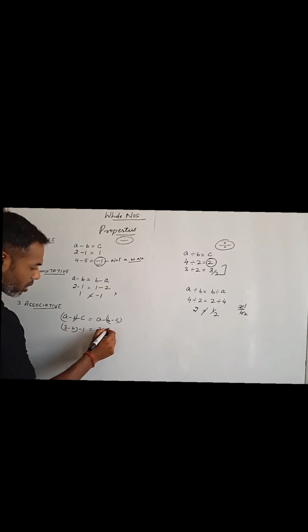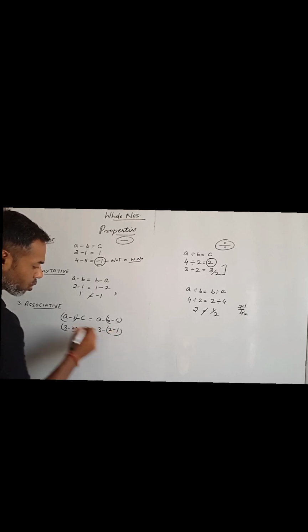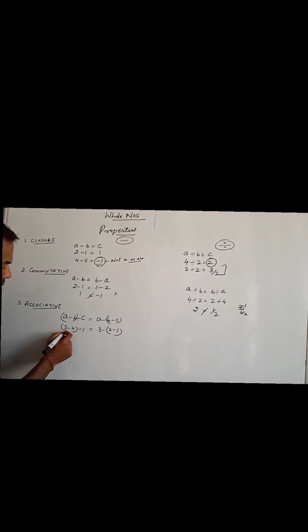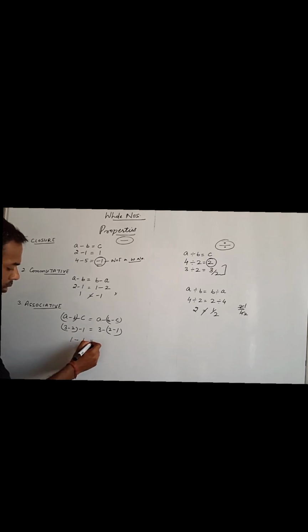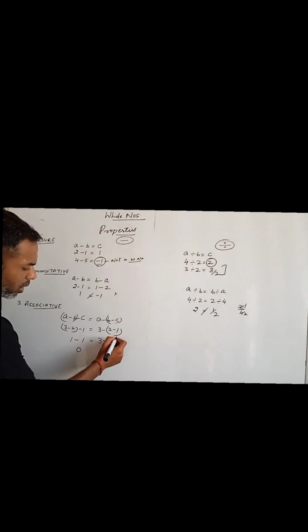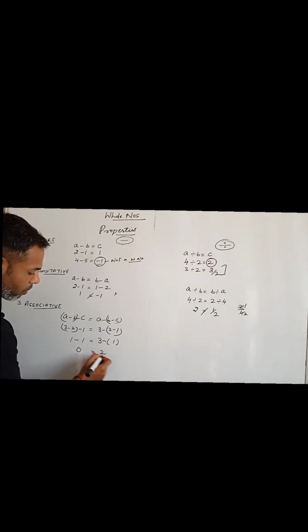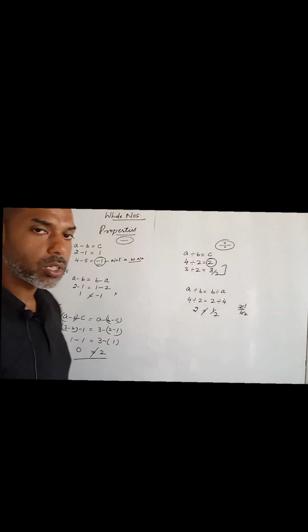Here also 3 minus 2 minus 1, but here the association is changed. Let us solve this one. 3 minus 2 is 1, and then 1 minus 1 is 0. Now here, 2 minus 1 will give us 1, and 3 minus 1 will give us 2. And you know that these are not the same. So 0 is not equal to 2.